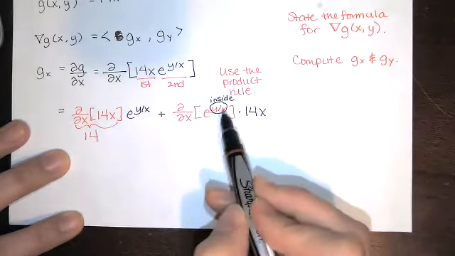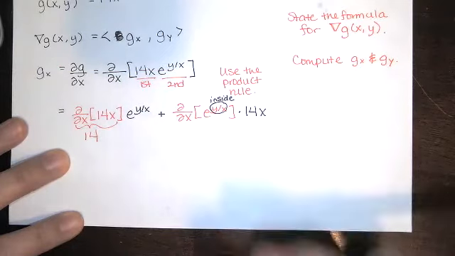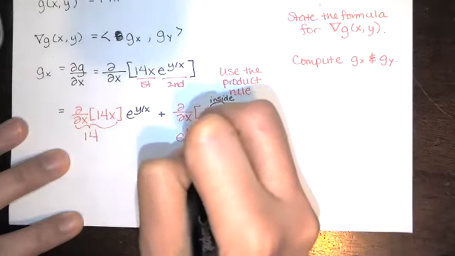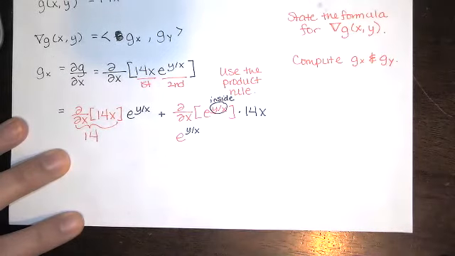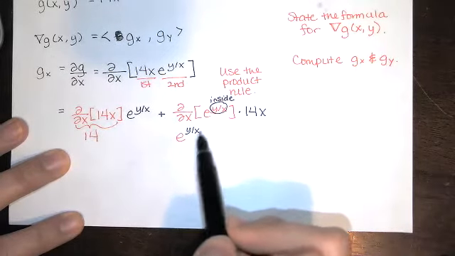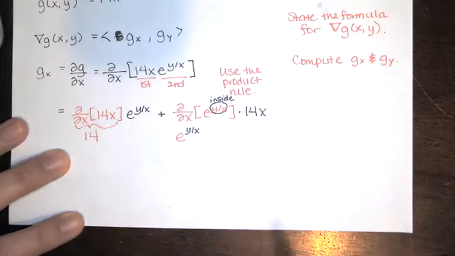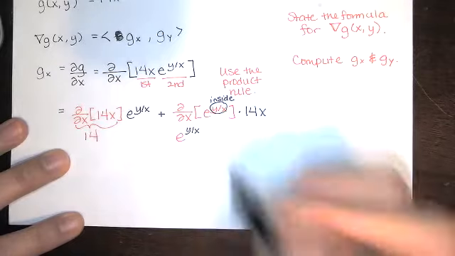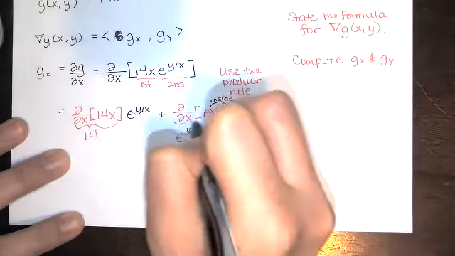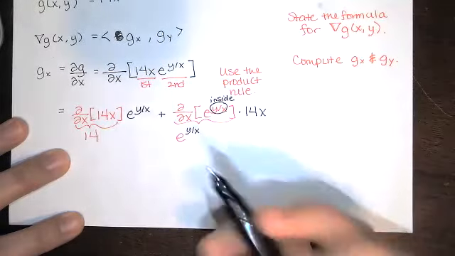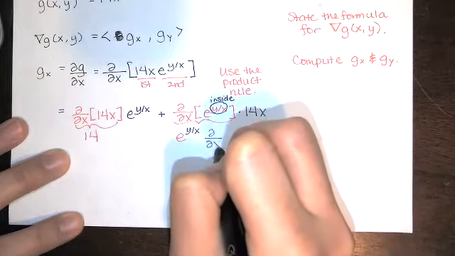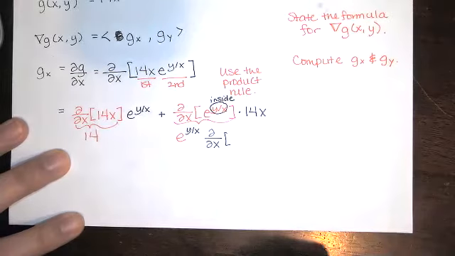The derivative of e to some power is e to that power times the derivative of the inside with respect to x, treating y as a constant by the chain rule. So this is e to the y over x times the partial with respect to x of that inside function.